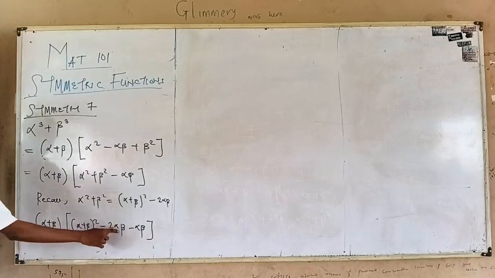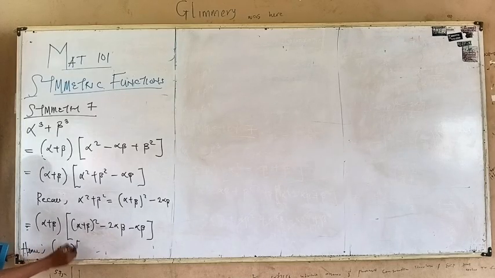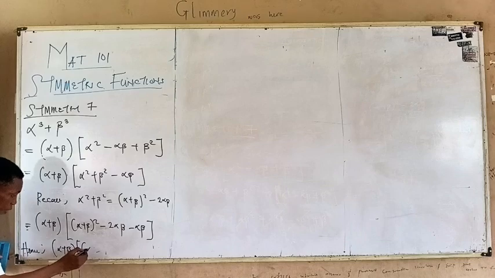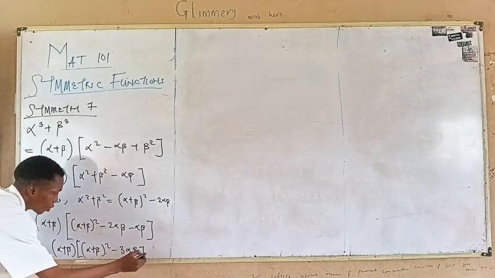So minus 2 alpha beta minus alpha beta is what? So x is equal to alpha plus beta, closing the bracket, we have alpha plus beta all square minus 3 alpha beta. So that's how you get it.